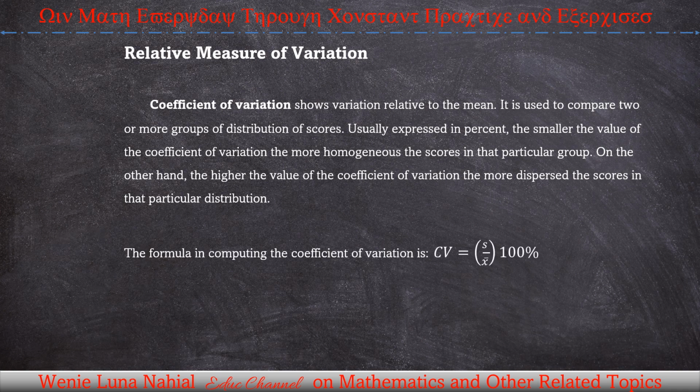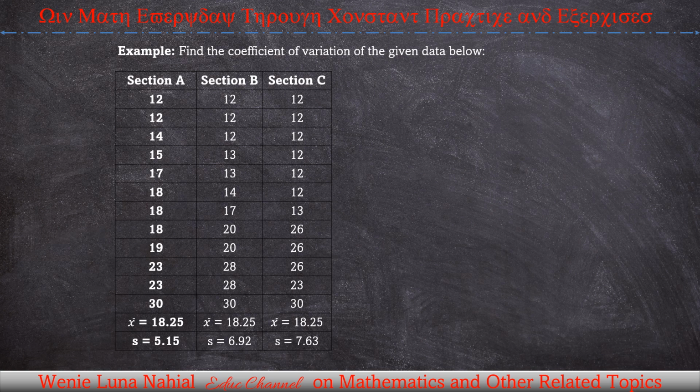The formula in computing the coefficient of variation is CV equals S, the standard deviation, divided by the mean times 100%. That's the coefficient of variation, where X bar is the mean value, S is the standard deviation.